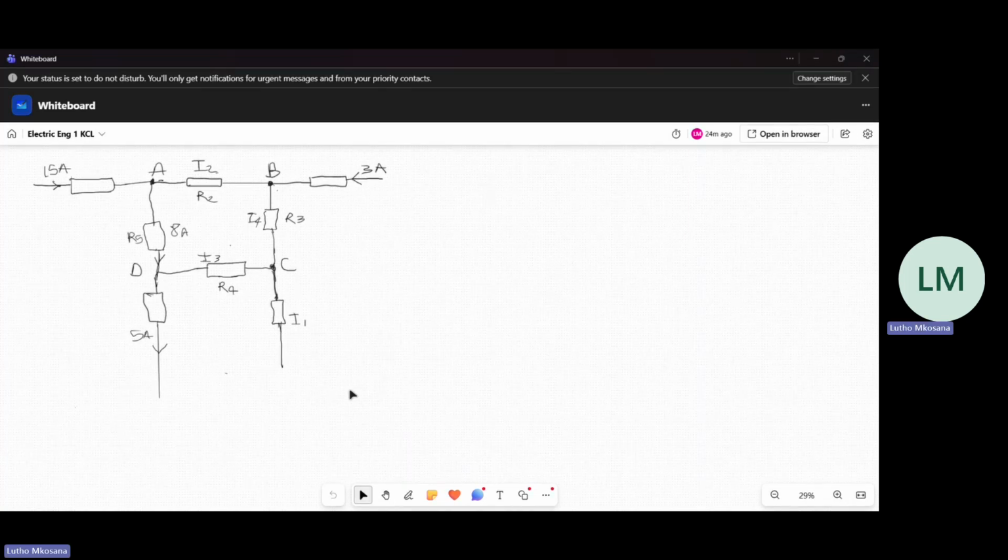We have two known incoming currents. We have 15 amps flowing in there. Here in this section, we are given a current of 8 amps, which is flowing in that direction, away from node A. So 15 amps is flowing in and 15 amps is leaving that node.